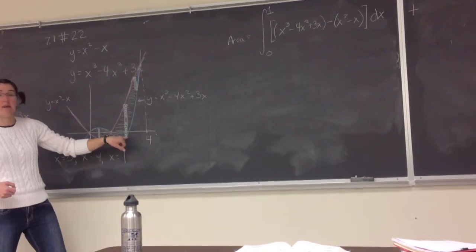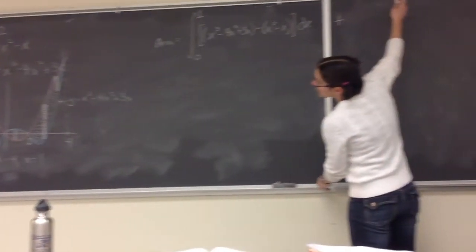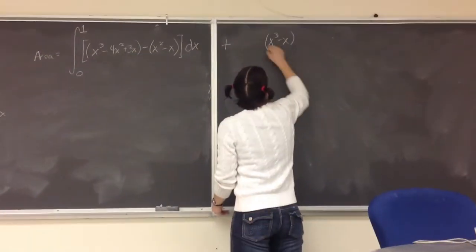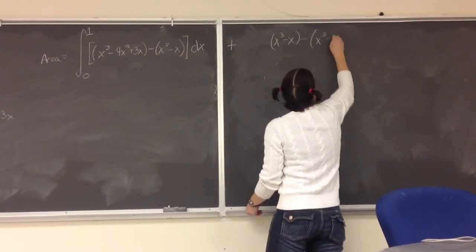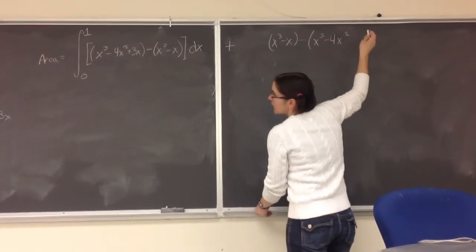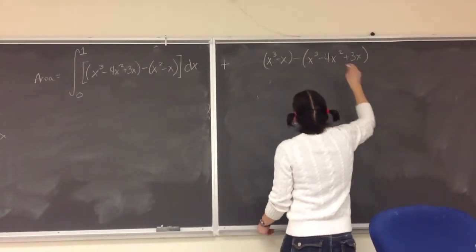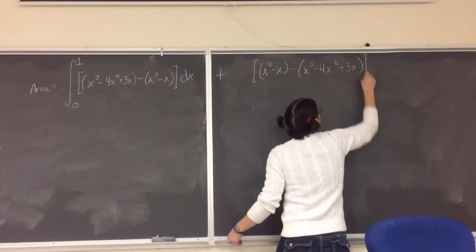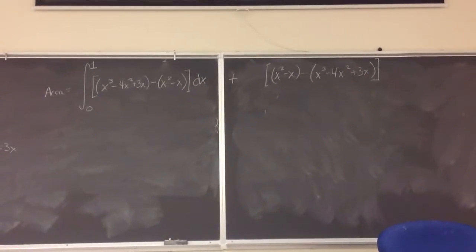top pink minus bottom blue. All right, so our height looks like the pink one, which is x squared minus x, minus the blue one, which is x cubed minus 4x squared plus 3x. So we've got top minus bottom, and that's the height of this rectangle.